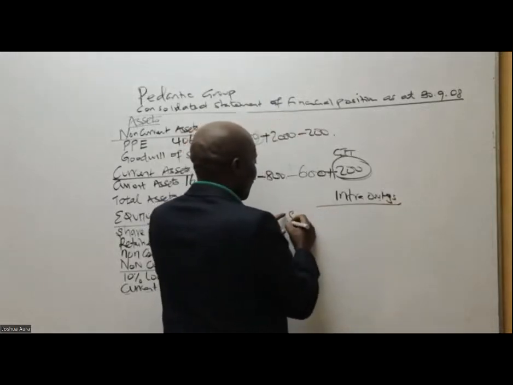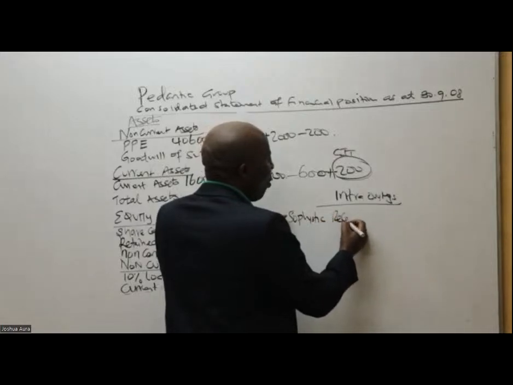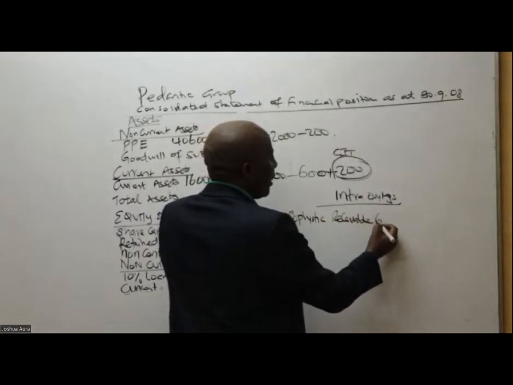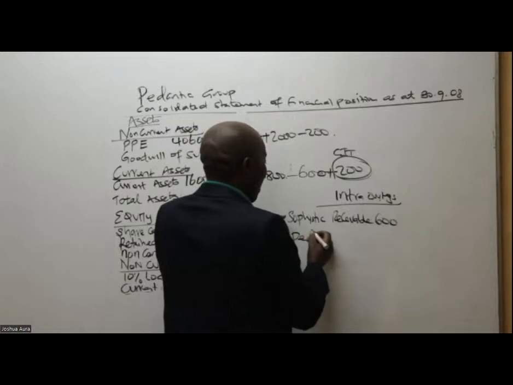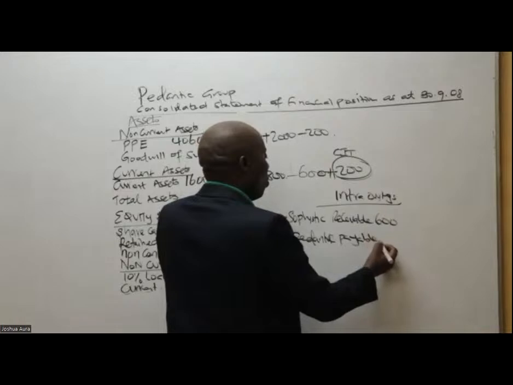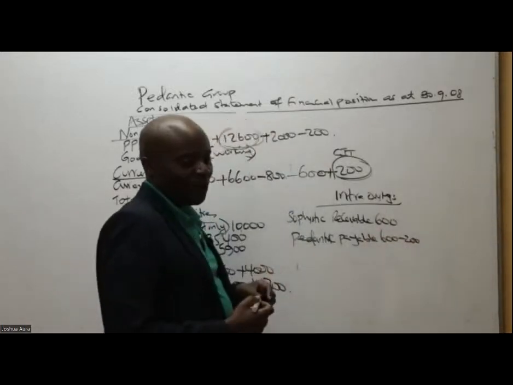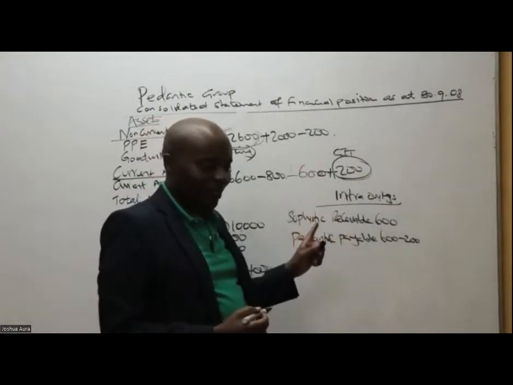Tuko na sophistic receivable 600. Tuko na pedantic payable 600, but remember they released 200 as cash in transit.